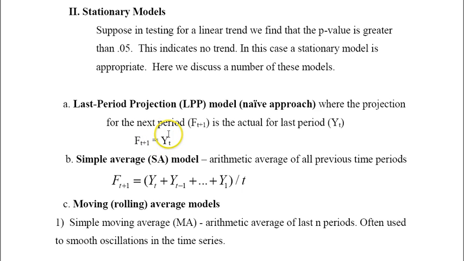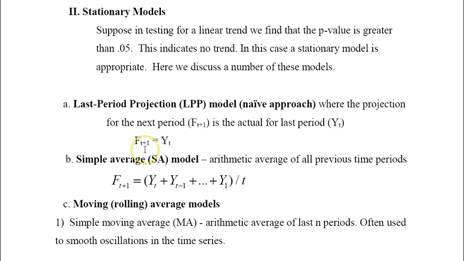So remember, yt are the observed values of my, say, sales over the last 36 months. So if I want to forecast month 2, it would be exactly what I saw my sales in month 1. For month 3, it would be my sales for month 2. For month 36 would be my sales for month 35.